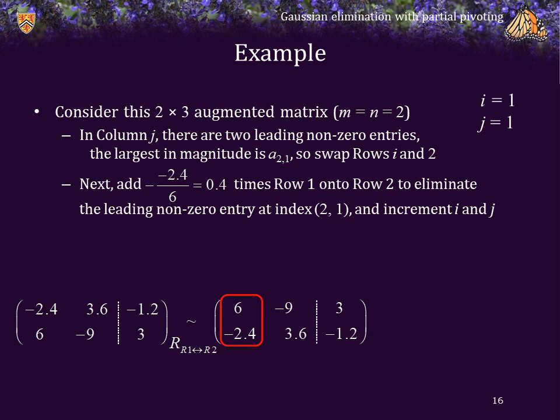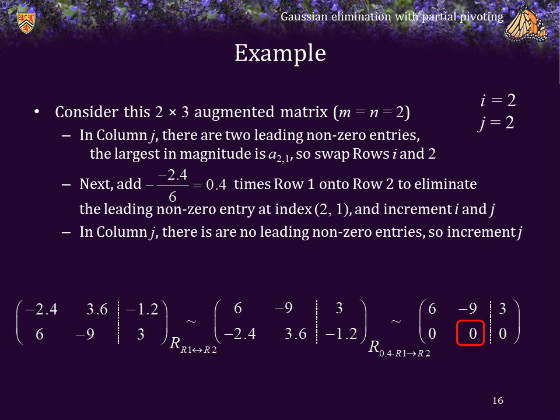Well, there's only one other leading non-zero entry, and so therefore we will add negative 2.4 over 6, and that's equal to positive 0.4, times row 1 onto row 2. And that will eliminate that leading non-zero entry at index 2, 1. All right, and so now we increment both i and j.